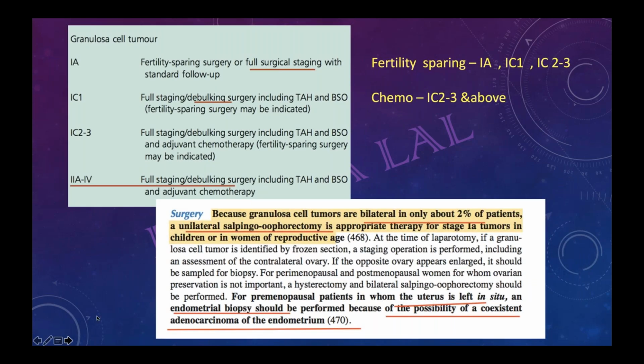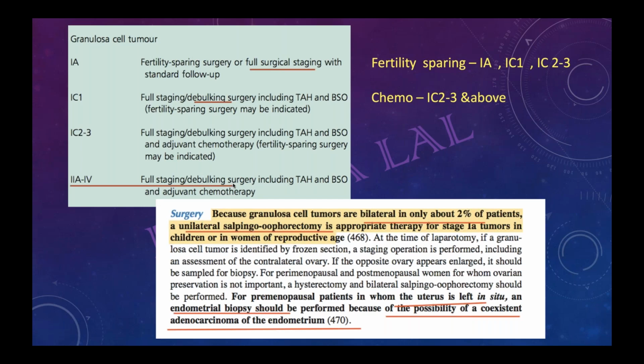Again, for granulosa cell tumor, fertility sparing surgery can be done in stage 1A, 1A and 1C, grade 2 and 3. From 1C onwards, chemotherapy will be required. The rest will all be full staging or debulking surgery.